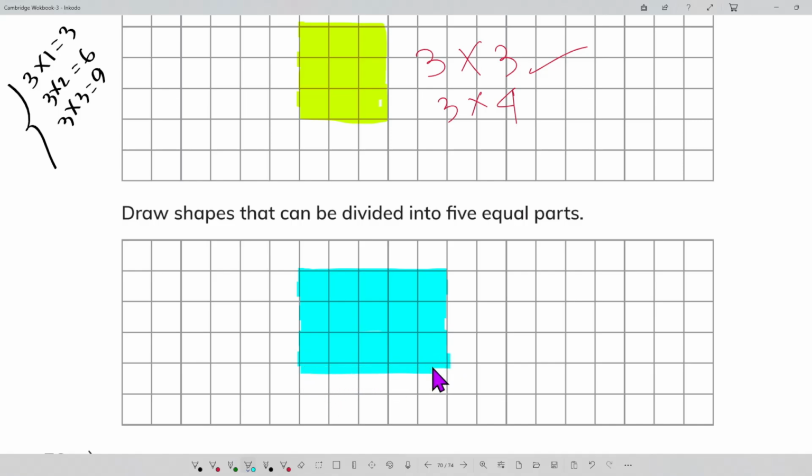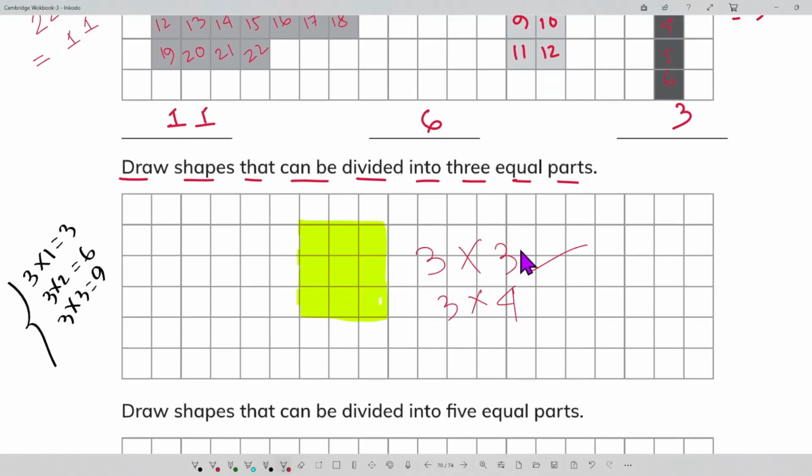Again 5 times 4 is 20, and finally 5 times 5 is 25. And finally this is 5 times 5. So number 4 done.